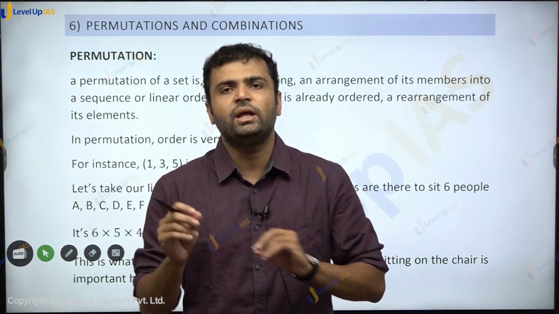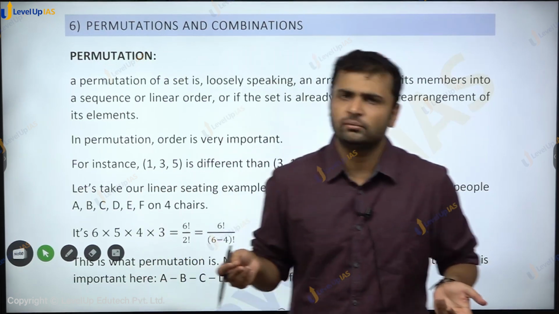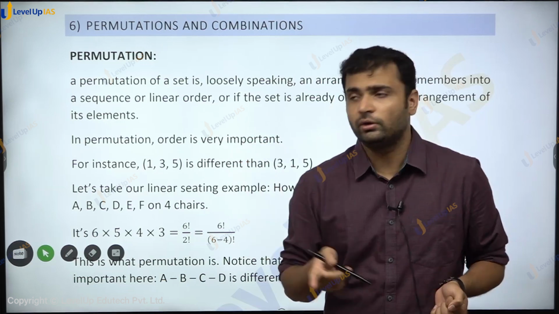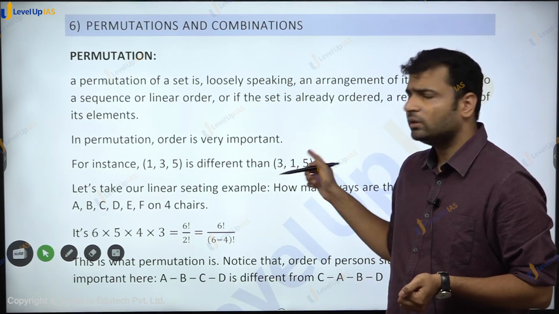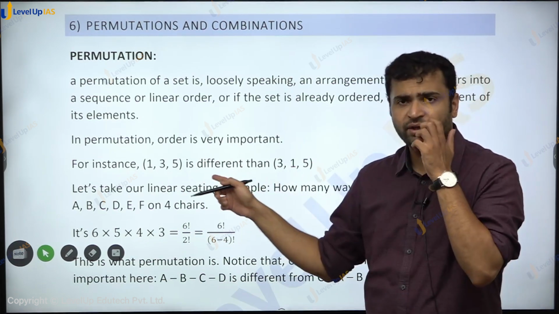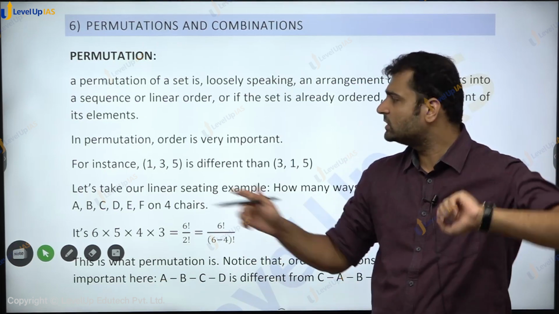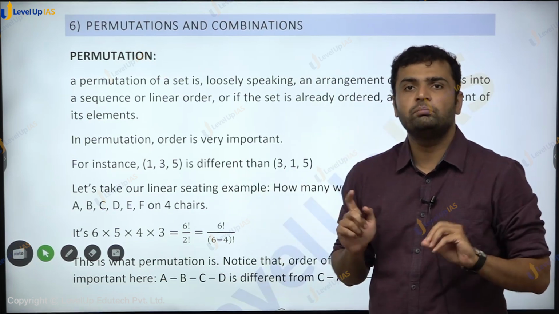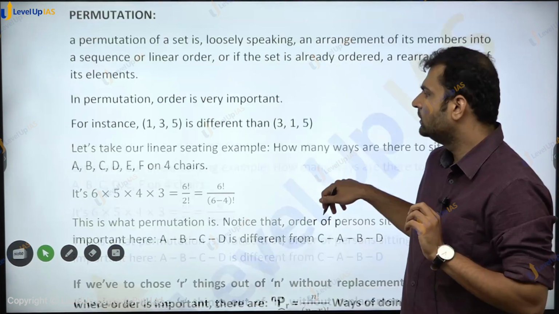If there is a set, the rearrangement of its elements is the permutation, and there order is very important. For example, 135 is different from 315. The elements are the same, but these two will be counted as different permutations because in permutation order is very, very important.